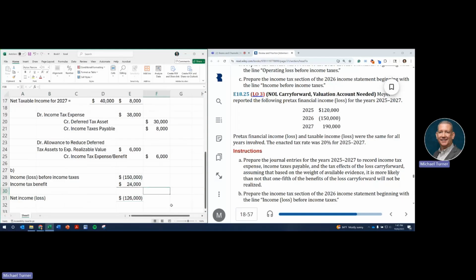which is $126,000. So just to double check, make sure we look at this line.